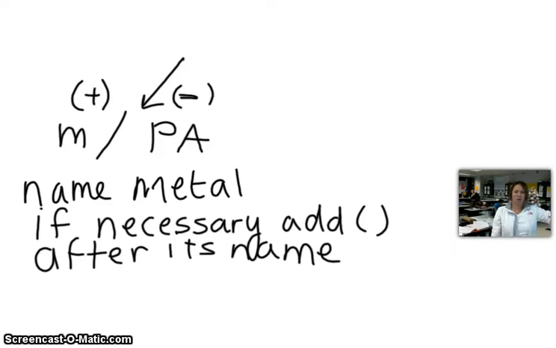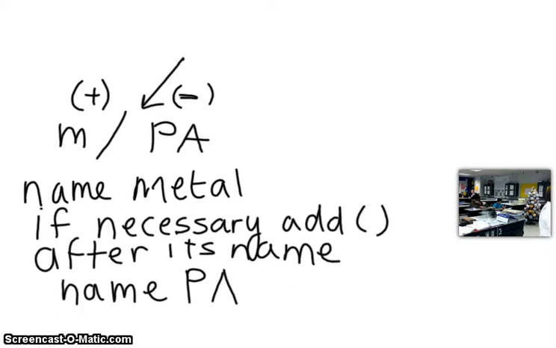Again, remember, that's the charge on your metal. So if your metal has more than one charge in the box, you still need parentheses after its name, okay? Then you simply just name the polyatomic. You don't do anything to the ending. You just take the name right off the table.